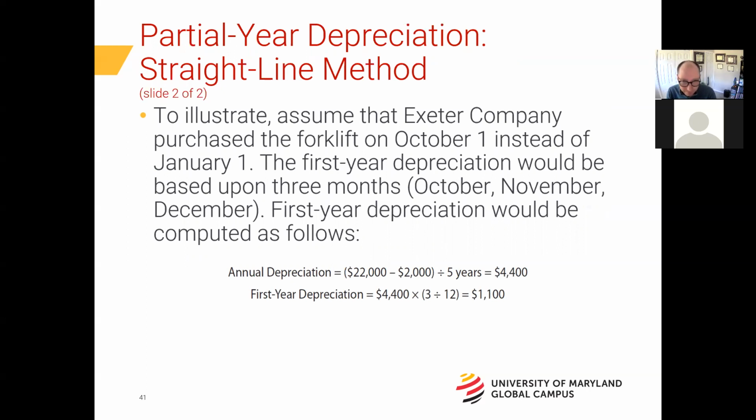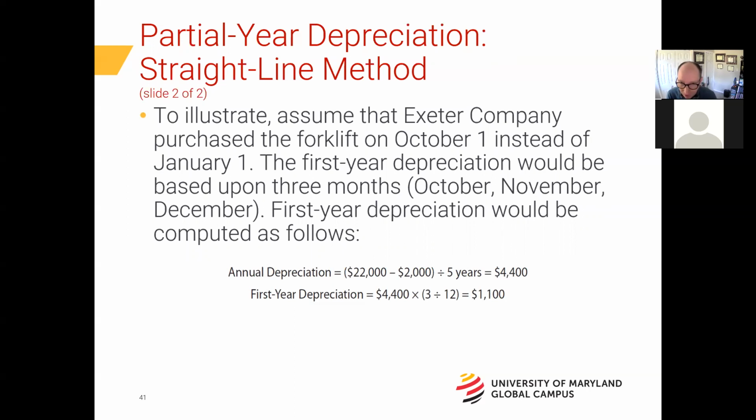You can really calculate it either way. But once you figured out what each year is, 4,400, you could simply divide that 4,400 by 12, multiply by 10. Or you could do it this way, 4,400 times 3 divided by 12.